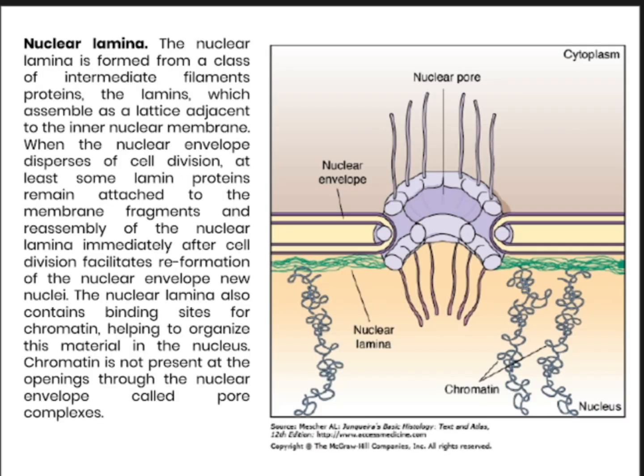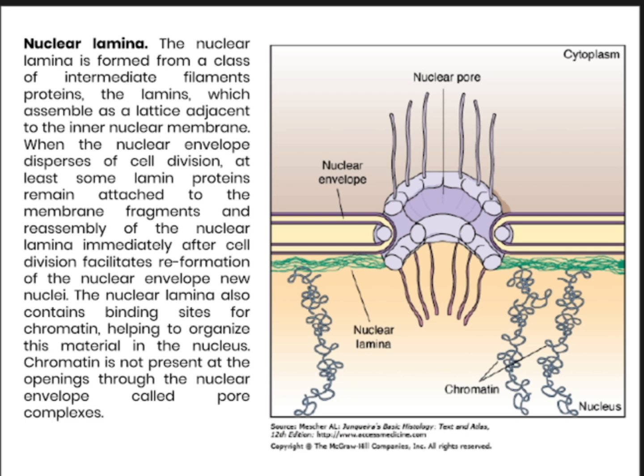Here is a picture of the nuclear lamina. It is formed from intermediate filament proteins called lamins, and these lamins assemble into a lattice structure adjacent to the nuclear membrane.